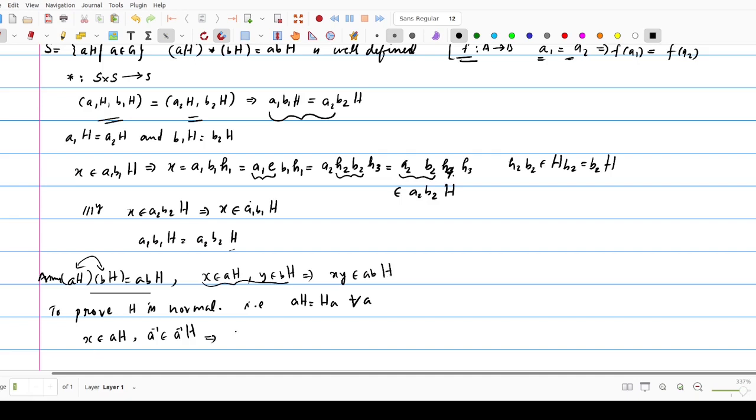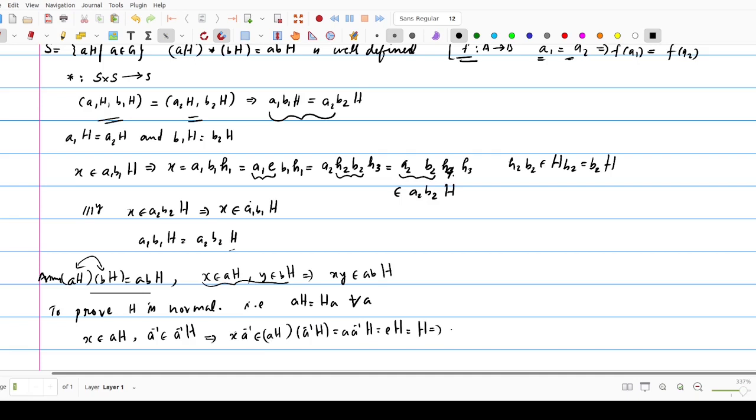So obviously this X A inverse is a member of AH times A inverse H. Consequently, this is A inverse H, which is equal to EH, that is equal to H itself.